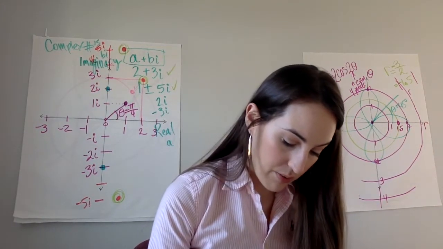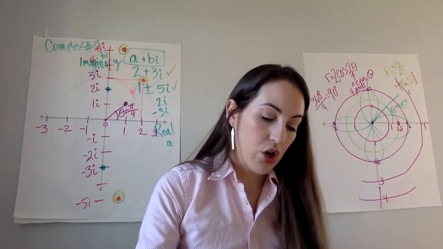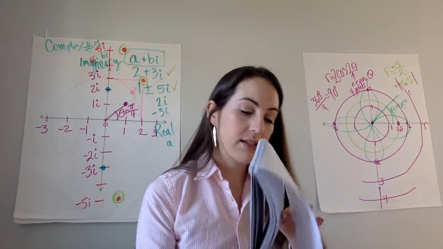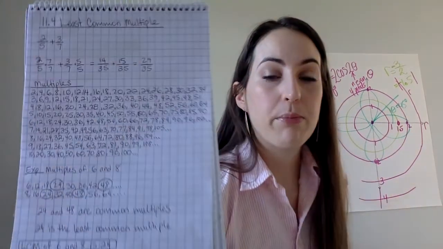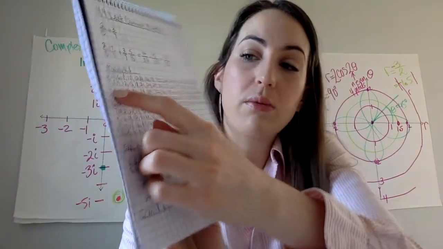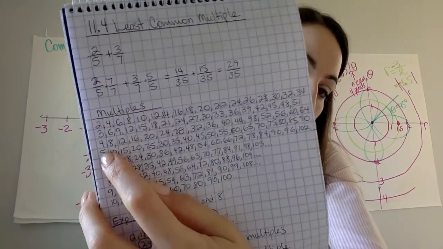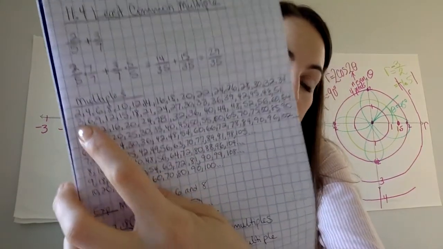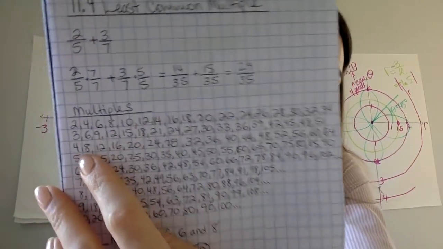So I've got a 3 and a 4, and I can go back to my list that you guys copied down yesterday. If you guys ever are in question or don't want to come up with them again in your head, you have the list of the multiples. So I can go to my list of the 3s and the 4s and copy those down, or even just flip back to this list and start scanning across. Okay, where do they start to have something in common?